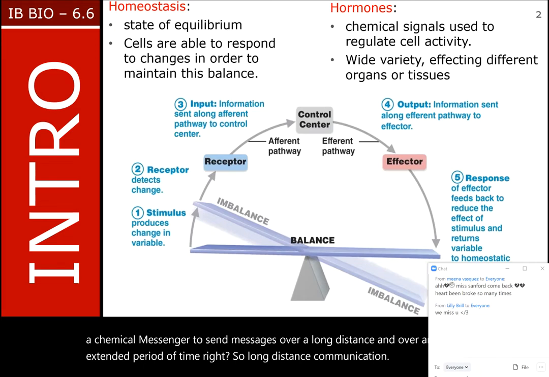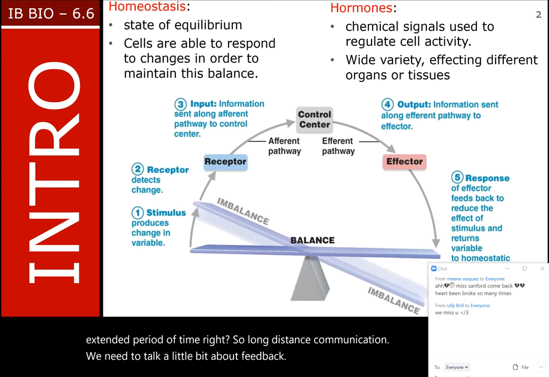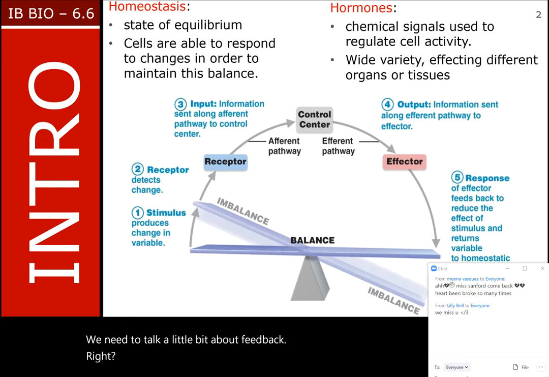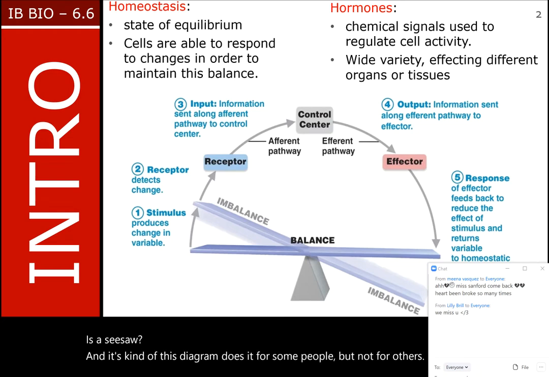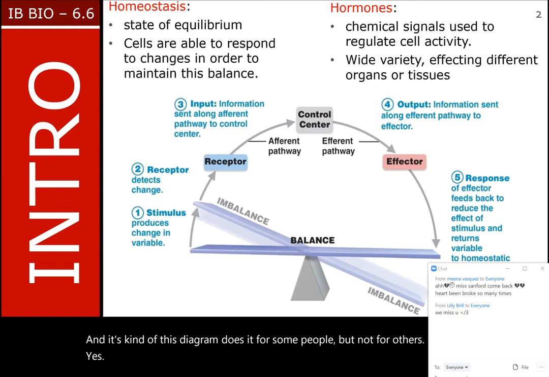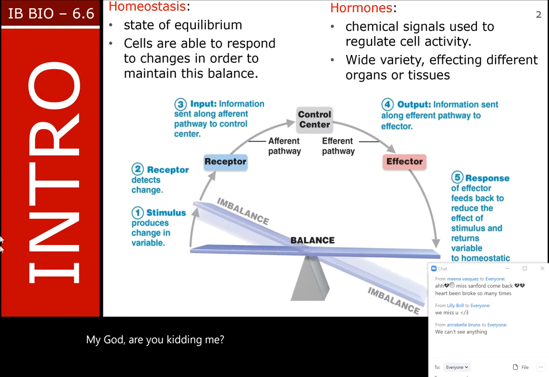We need to talk a little bit about feedback, right? But maybe we'll wait for that. So this diagram is a seesaw. And this diagram does it for some people, but not for others. Miss Sanford? Yes! You're not screen sharing. What? You weren't screen sharing? Oh my god, are you kidding me? I thought you were just talking, and then you said diagram. Ugh. This is not embarrassing in the slightest. Hold on.